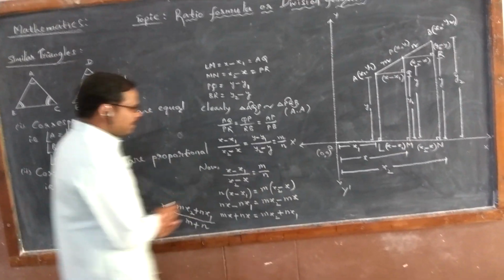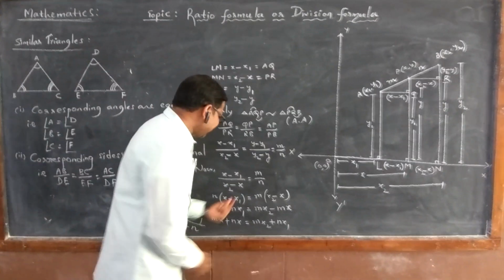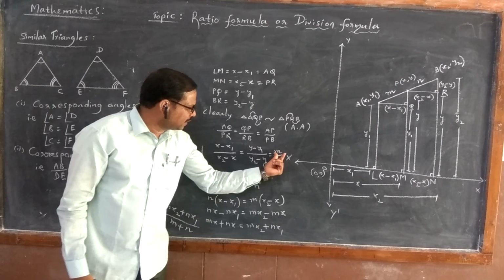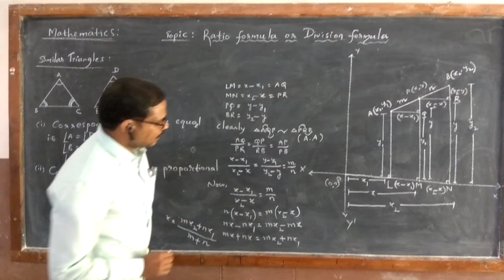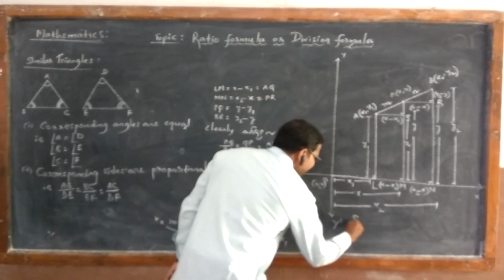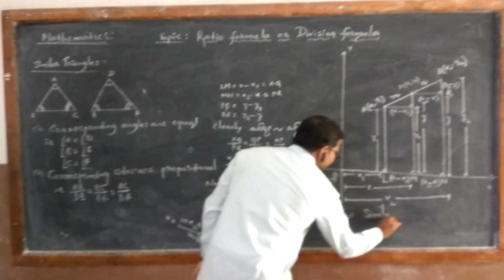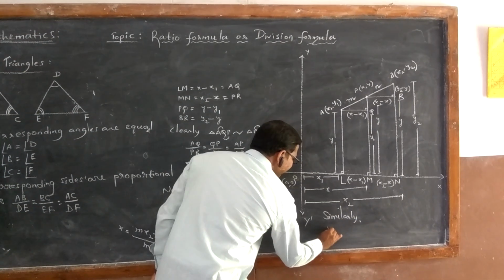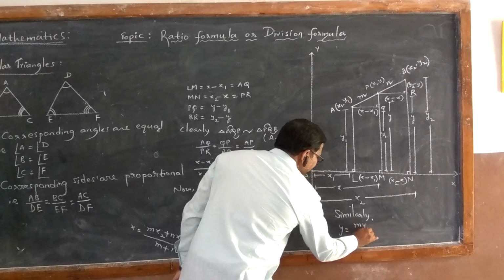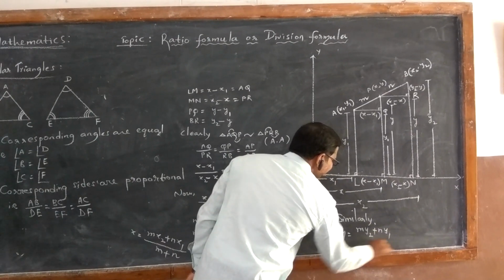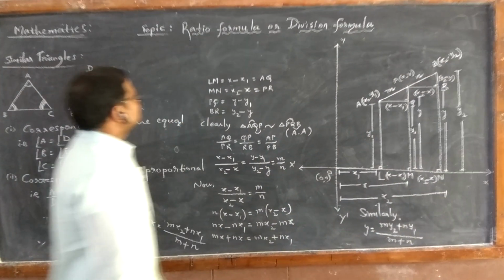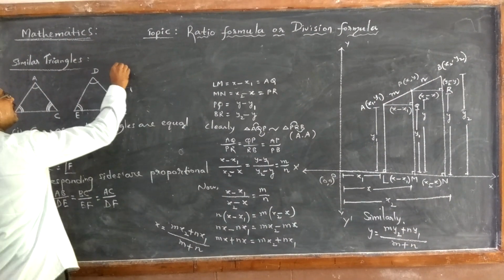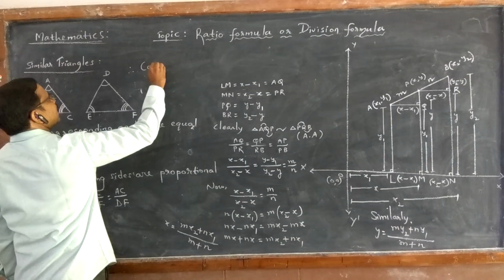Similarly, I can get y coordinate also by taking this one equal to m by n. So I will write here, similarly, y coordinate also I can get: my2 plus ny1 upon m plus n. So, what are the coordinates of P of x comma y?